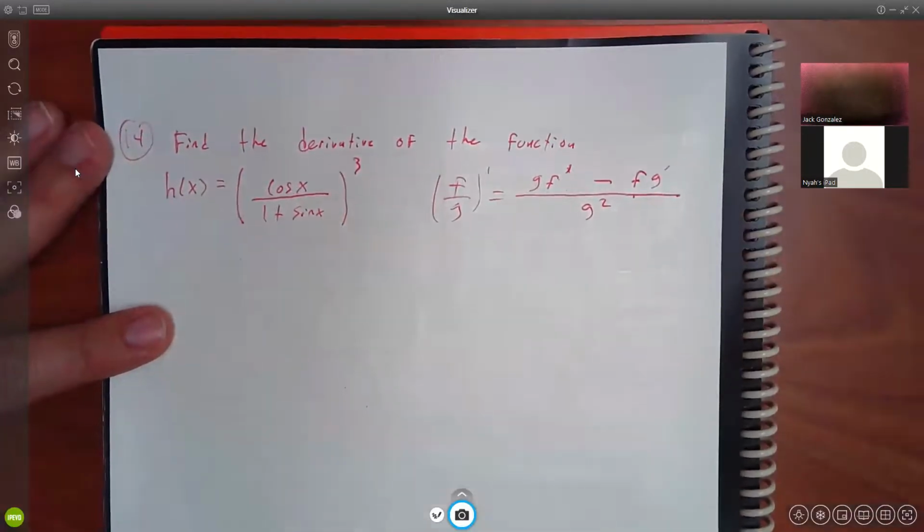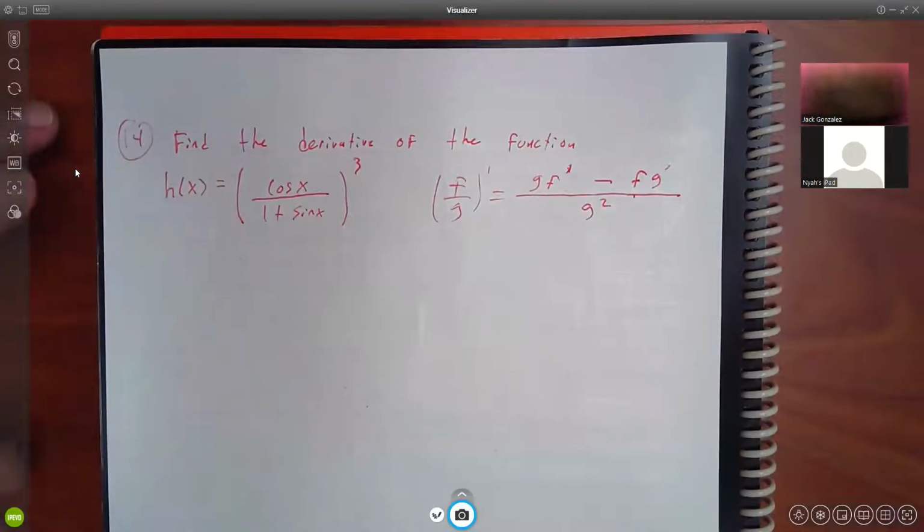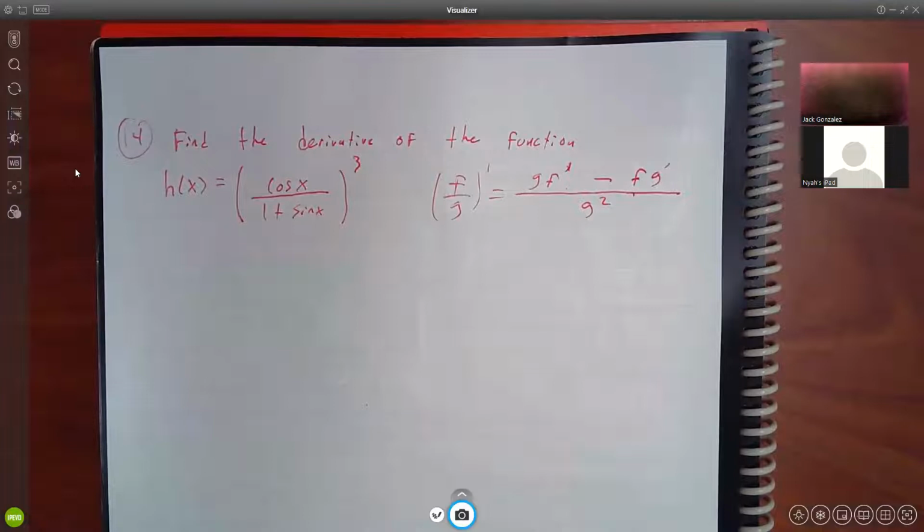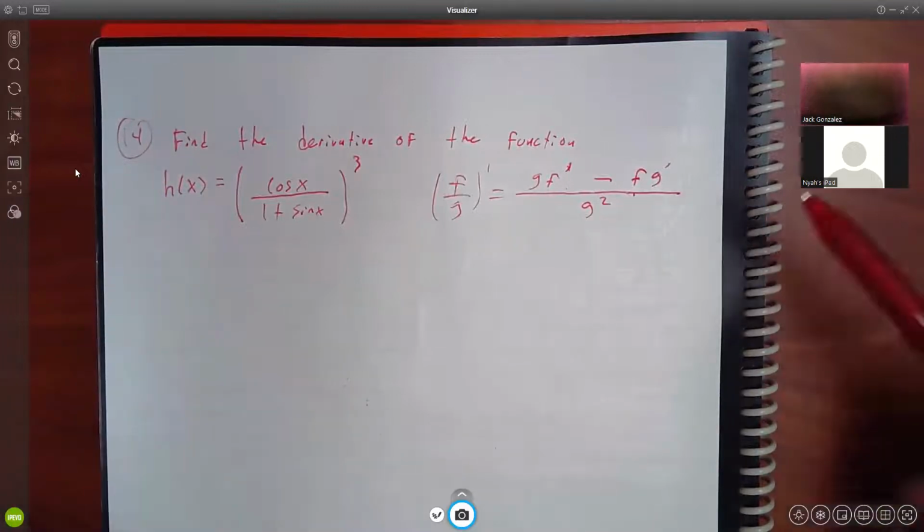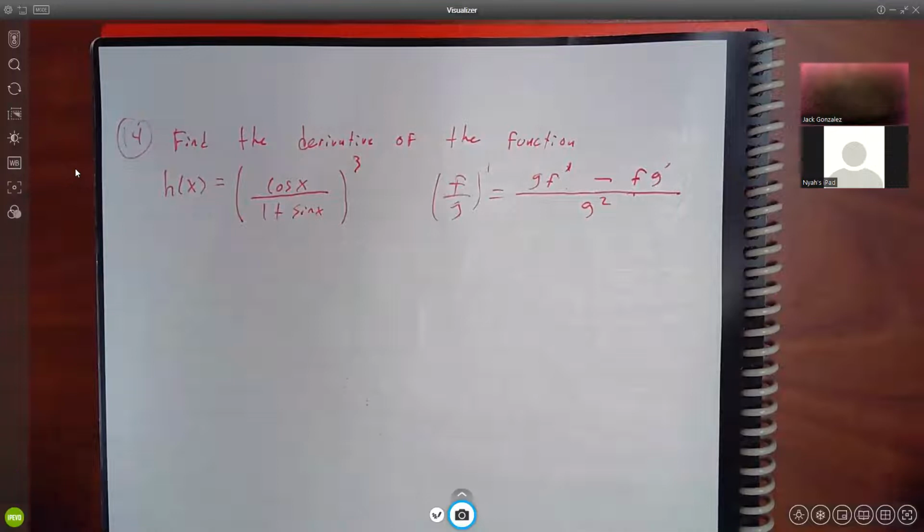Isn't the quotient rule just the product rule on top with a minus sign? Yeah, I can force the bottom part to the top and create a product rule whenever I want. But doing that creates more changes. I can always avoid the quotient rule if I want to, but sometimes avoiding it creates a more complex problem. Like here, it would create a double chain, which might not be something you want.